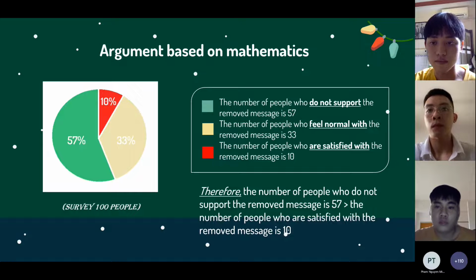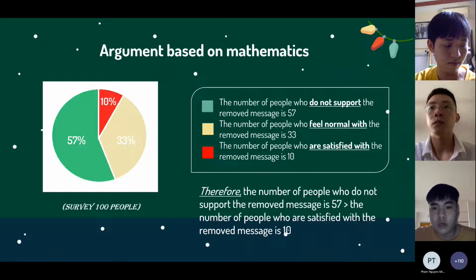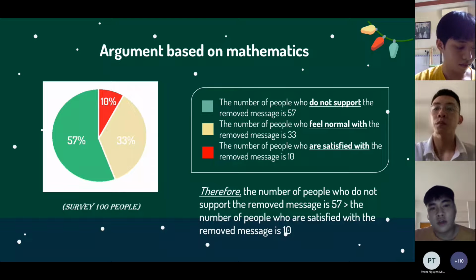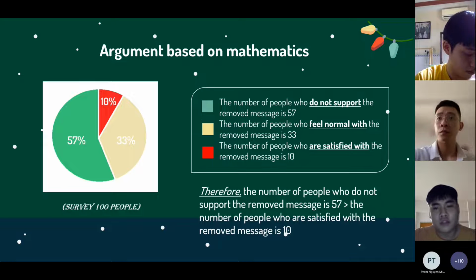The first is people who do not support the remove message. The second is people who feel normal, which means they don't really hate but don't really like it. And the third is people who are satisfied with the remove message.